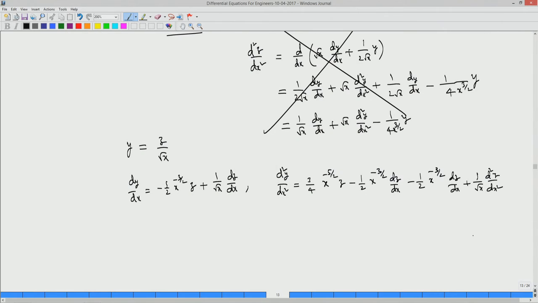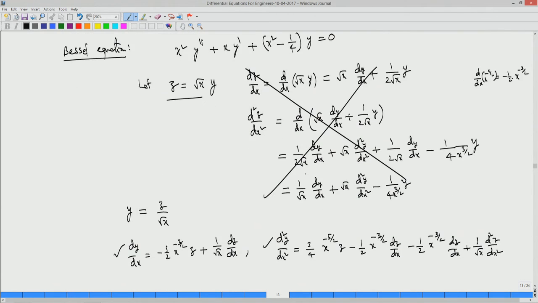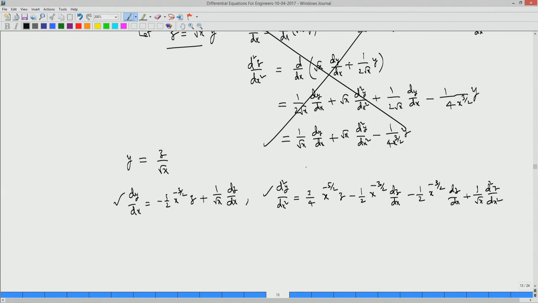So, once you calculate this dy by dx and d square y by dx square, you substitute into the equation. If you substitute into the equation, you get x square y double dash, that is x square into this part. So, you get 3 by 4 x square into 1 by root x z by root x, minus, this together will give me minus 1, that is 1 minus 1 x power minus 3 by 2 plus 2.